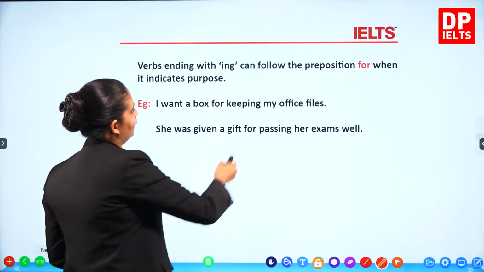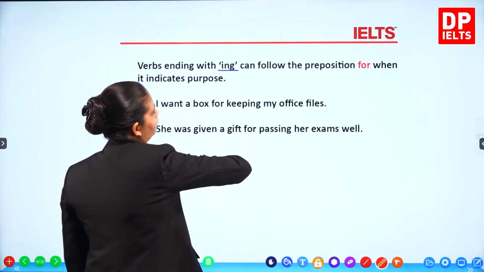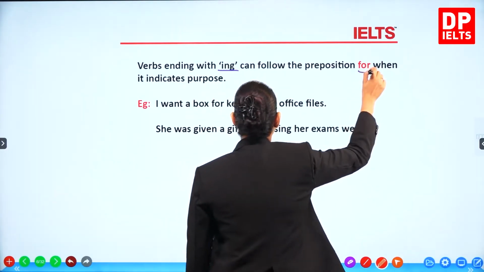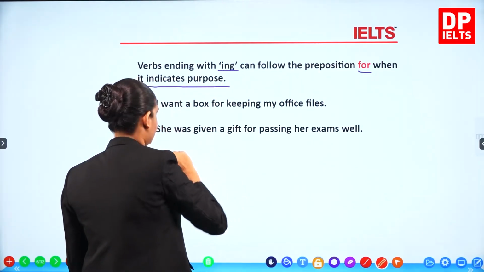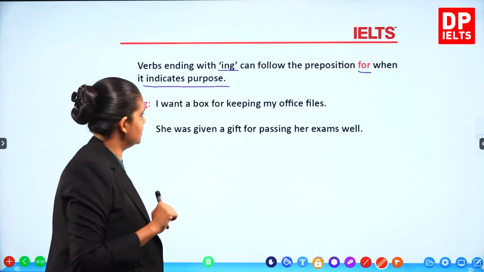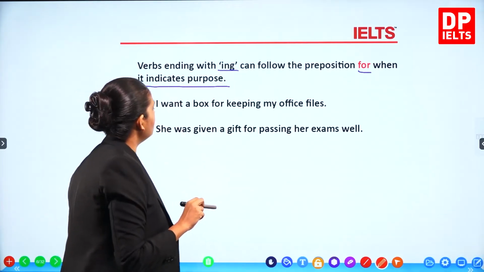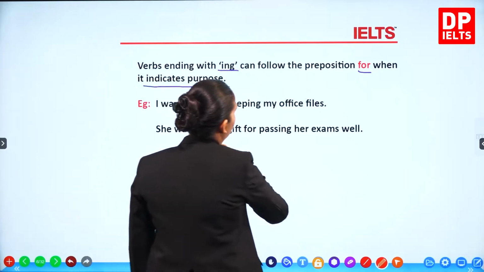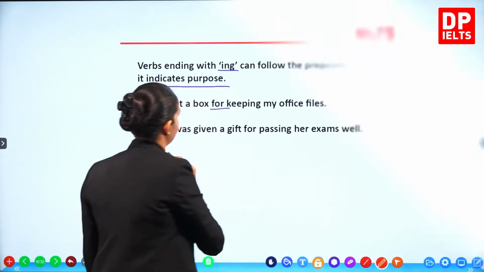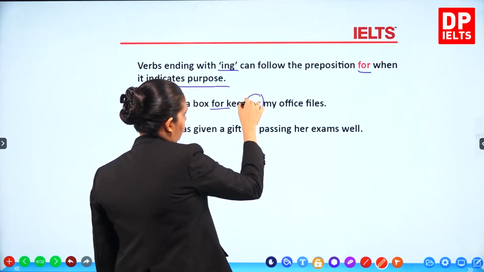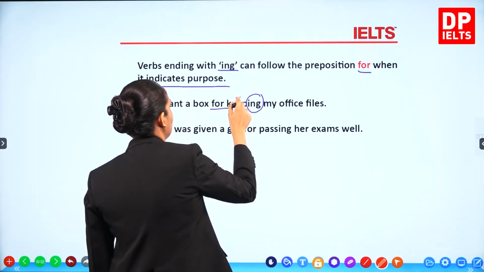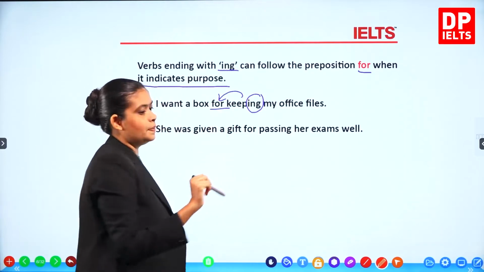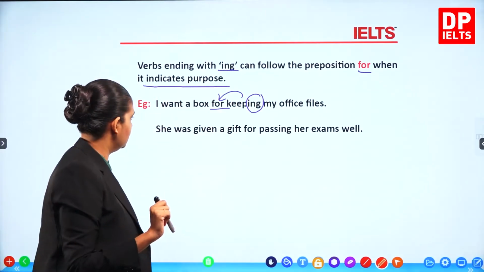Verbs ending with ing can follow the preposition for when it indicates purpose. Let's have a look at an example. I want a box for keeping my office files. If the verb ends with ing and it is for a purpose, then you can use the preposition for.